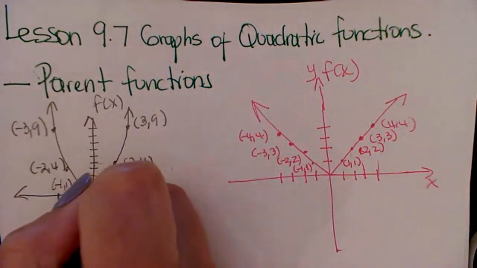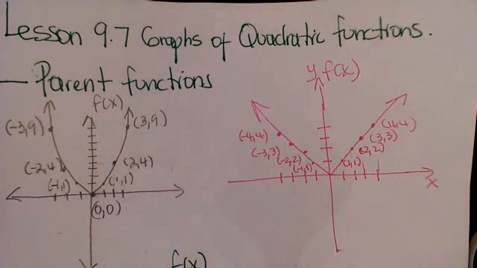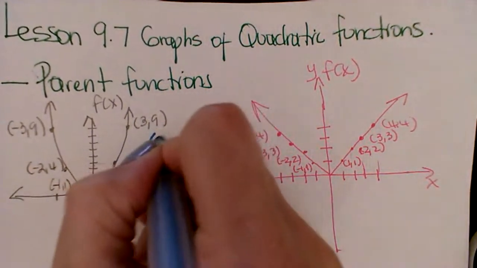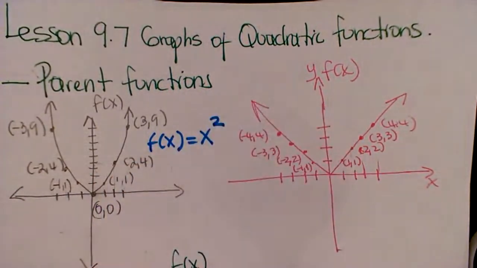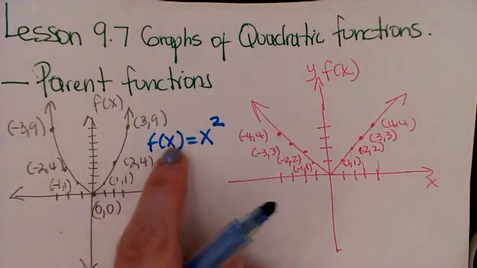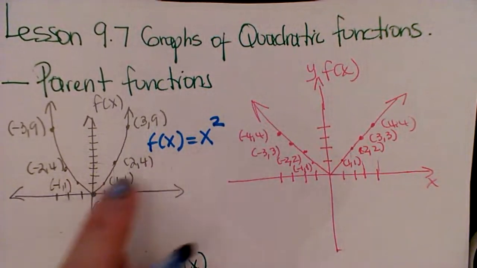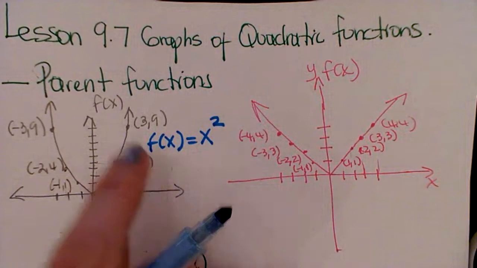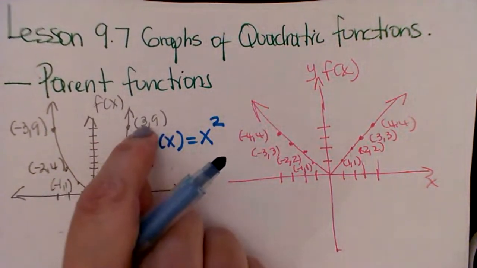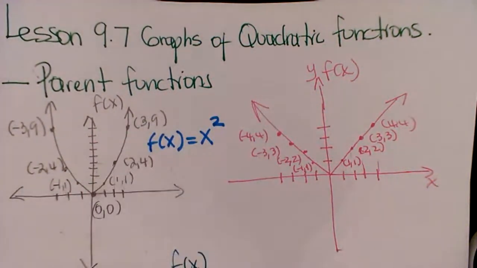So we know that this one is f of x equal to x squared. Y is equal to x squared. Y is 4, x is 2 to the second power is 4. Y is 9, 3 to the second power is 9.